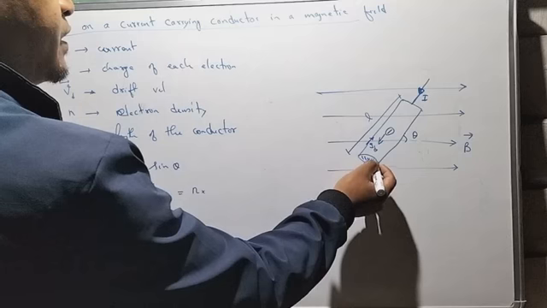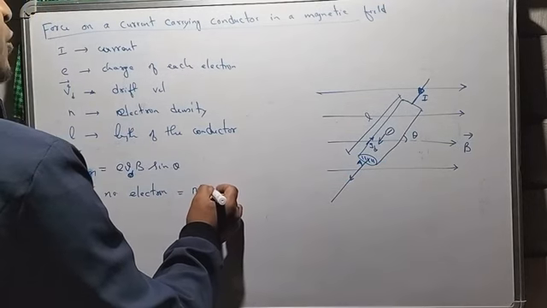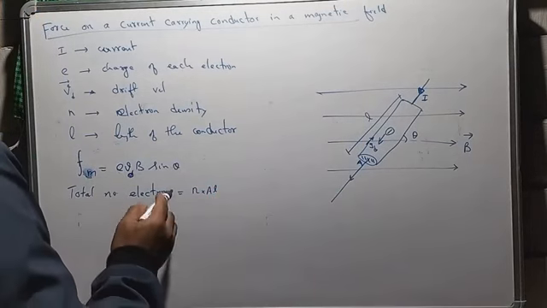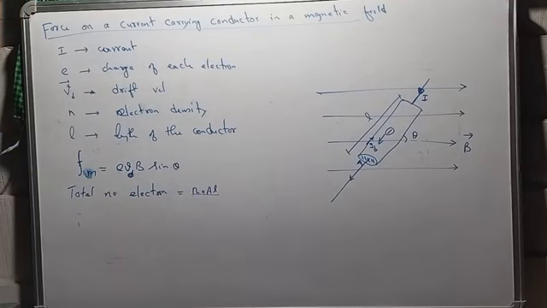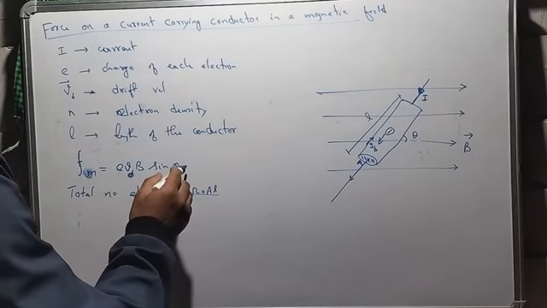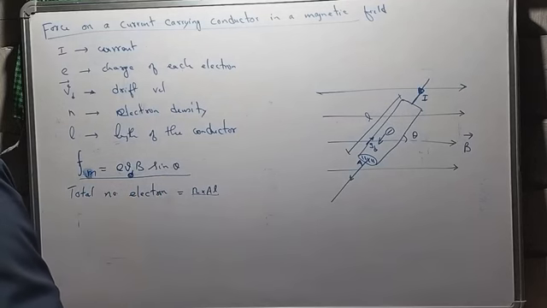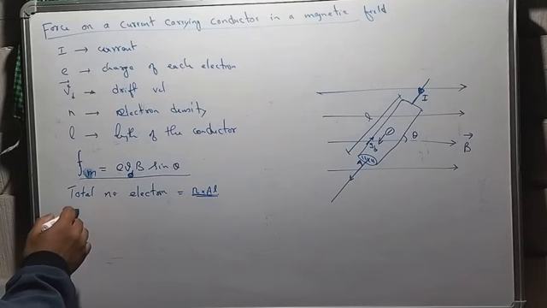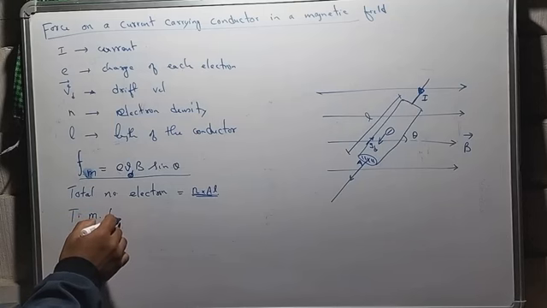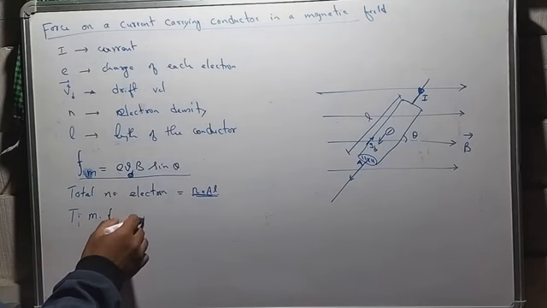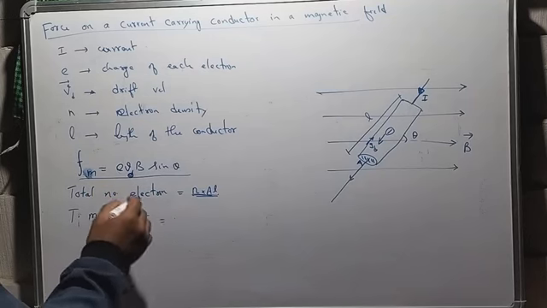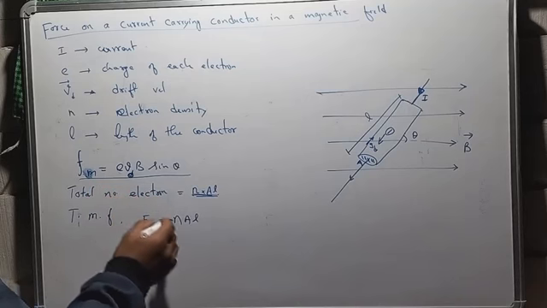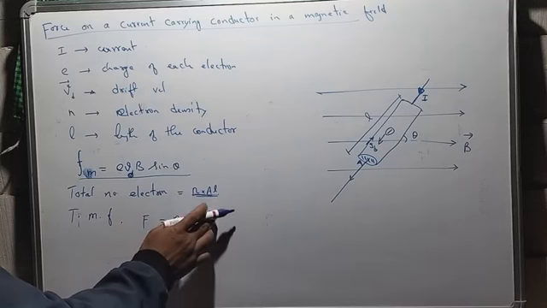If the area is A, then area times length, A L, is the volume. So if each electron experiences this magnetic force, the total magnetic force experienced by the conductor is the number of electrons times the force due to each electron.